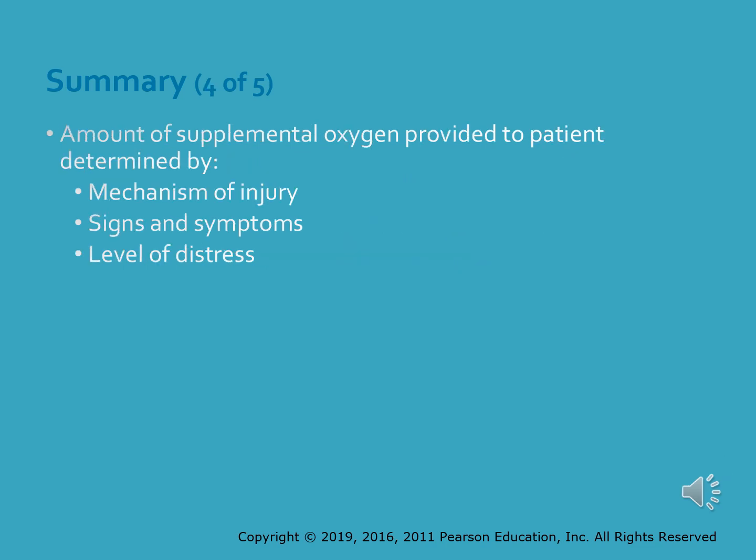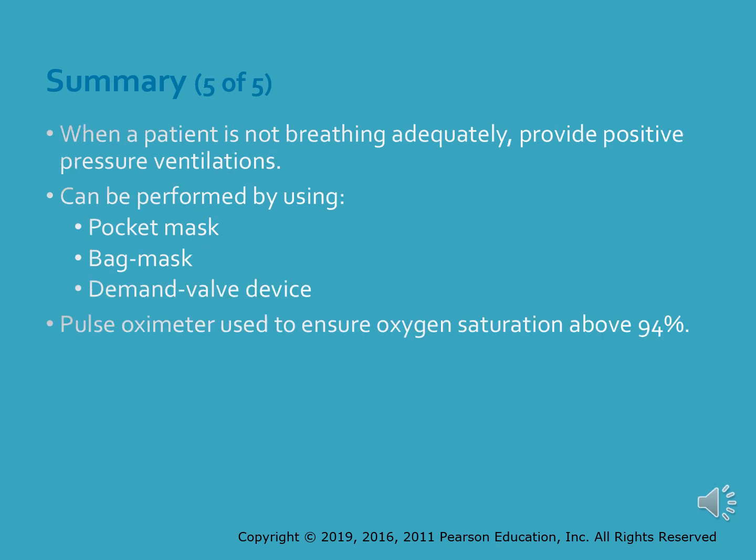The amount of supplemental oxygen provided to the patient is determined by the mechanism of injury, signs and symptoms, and level of distress. When a patient is not breathing adequately, provide positive pressure ventilations. It can be performed using the pocket mask, bag mask, and demand valve mask. A pulse oximeter is used to ensure oxygen saturation is above 94%.